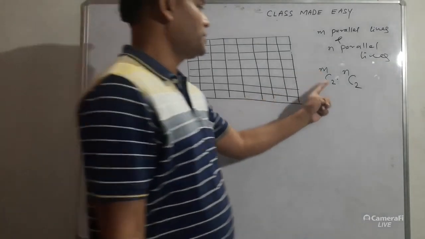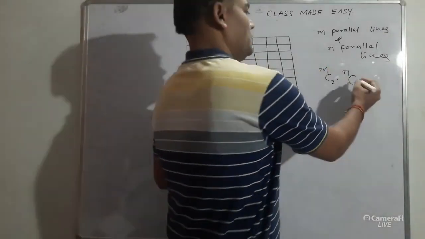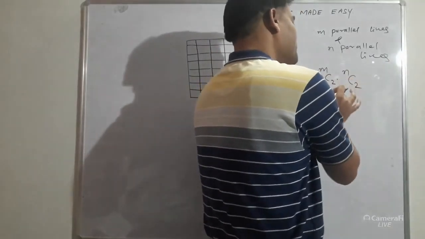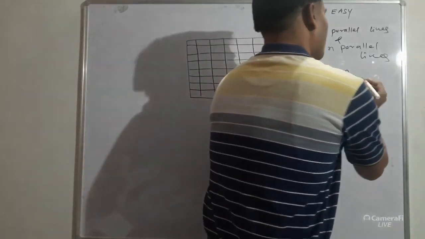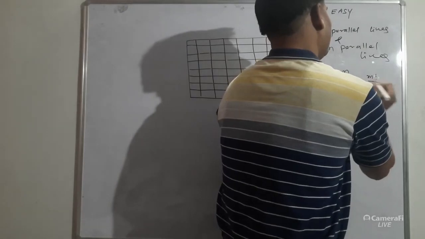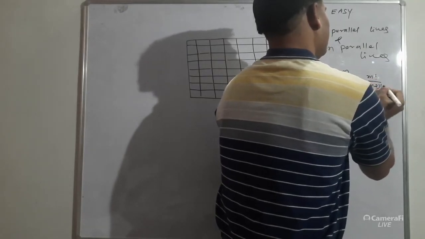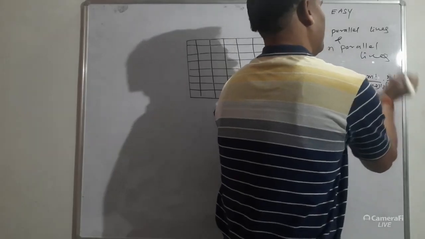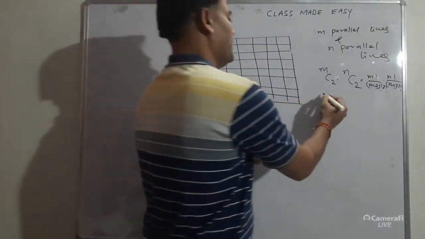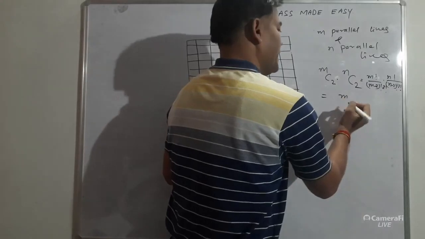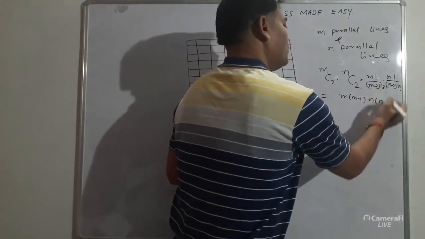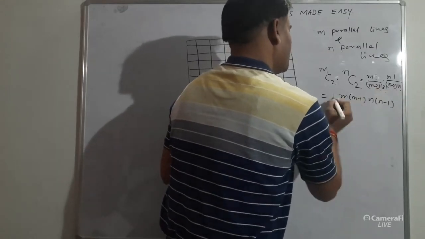So it is mC2 into nC2, and by permutation and combination, this is like nCr. You can expand this: m factorial upon m minus 2 factorial into 2 factorial, into n factorial upon n minus 2 factorial into 2 factorial. If you solve, this gets cancelled, it is m minus 1, and that one cancelled, n minus 1, 2 factorial cancelled, so 2 into 2, it is 4.